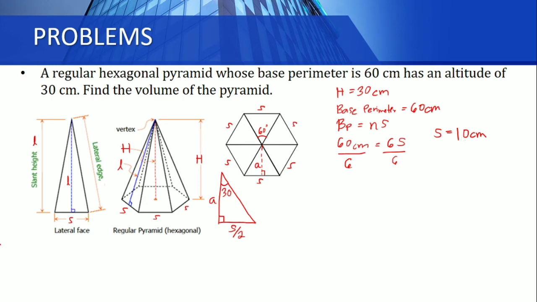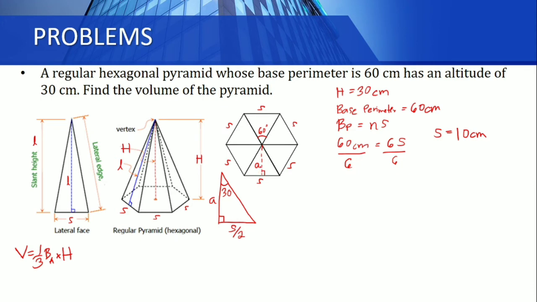Para makuha natin yung volume, diba sabi natin volume is equal to 1/3 base area times yung height natin or yung altitude ng ating pyramid. So kunin muna natin yung base area. Kung katulad ng diniscuss natin kanina, magkakaroon tayo ng right triangle dito sa ating hexagon.